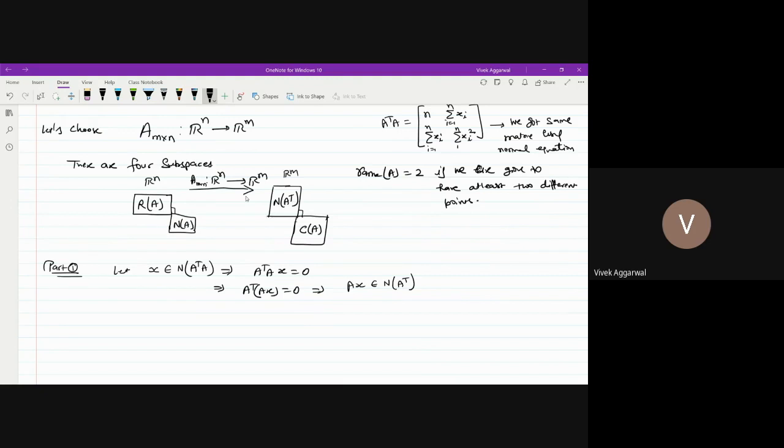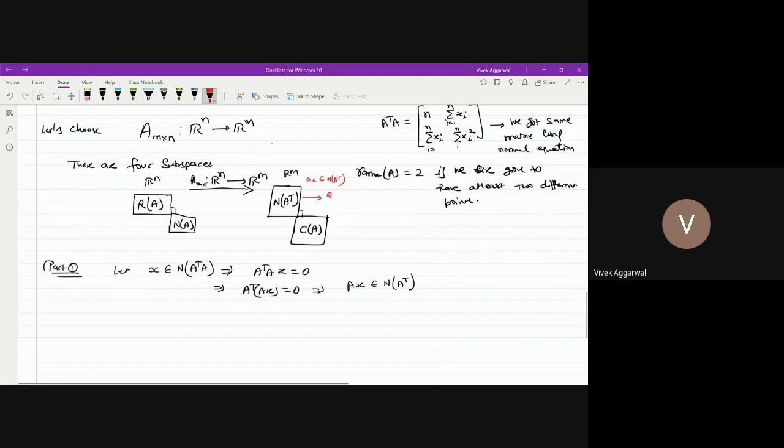Now Ax belongs to the null space of A transpose. It means that Ax should belong to this null space of A transpose from here.